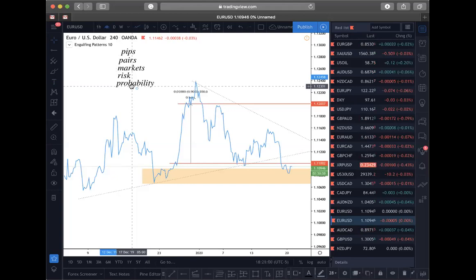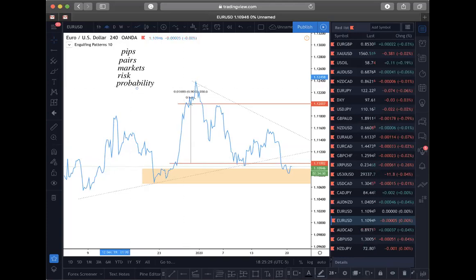So you want the odds in your favor, right? Because if you just look at the market and you press buy or sell and you don't know why you're placing a trade, then the probability is probably not in your favor. So we do research to figure out where's the highest probability direction the market could go, right?